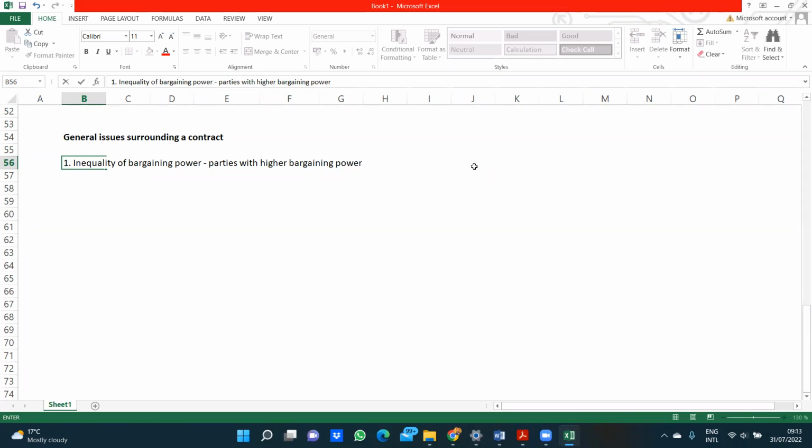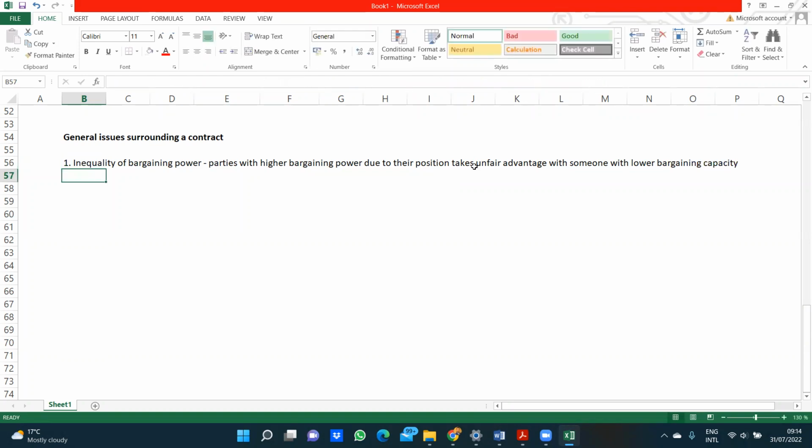But the party with higher bargaining power, due to their position, takes unfair advantage of someone with lower bargaining capacity.